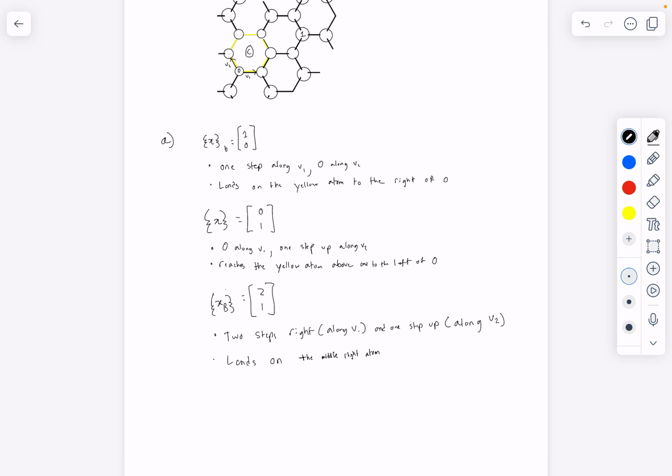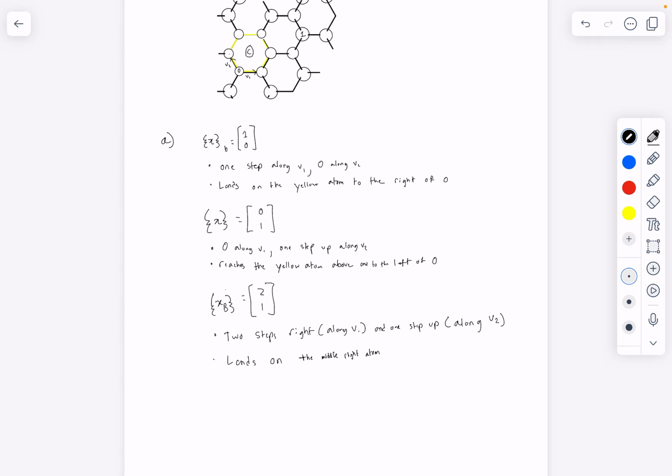So for part A, in this new coordinate system, each carbon atom's position is described by how many steps we take in the v1 and v2 directions. Starting from the atom labeled 0 on the bottom left, if we look for 1, 0, we are simply looking for one step along v1 and 0 along v2, and that lands us on the yellow atom to the right of 0.